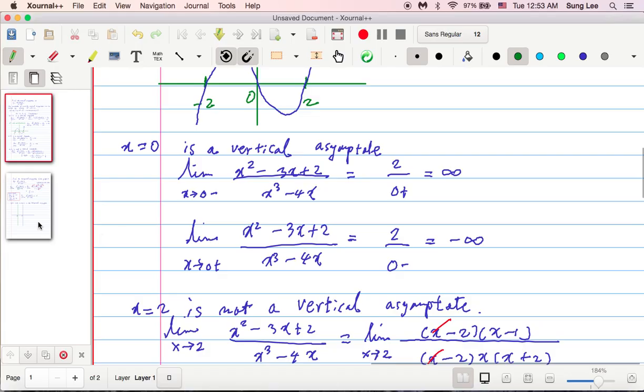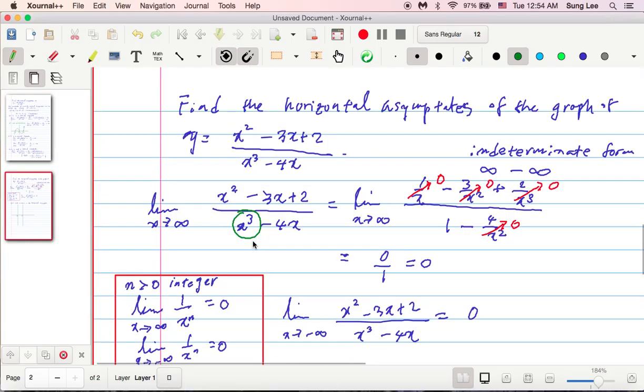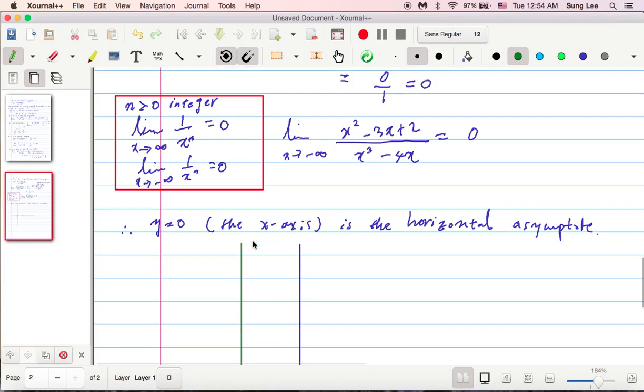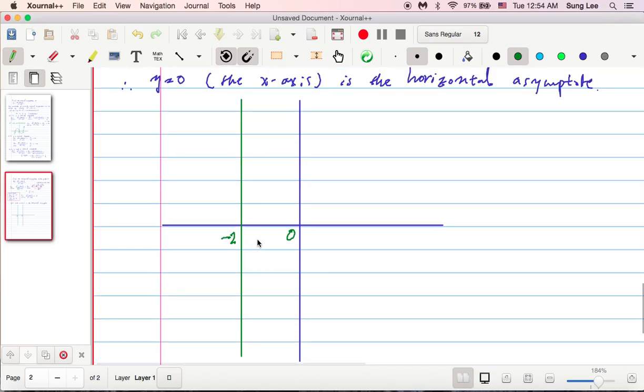Using these together, and also when x goes to negative infinity, y goes to 0.